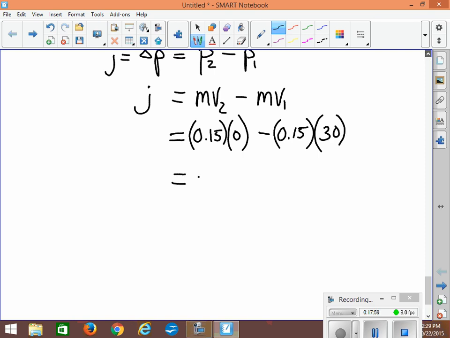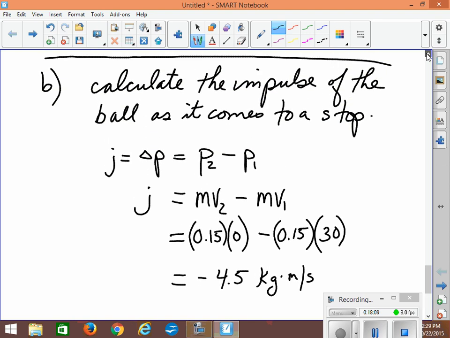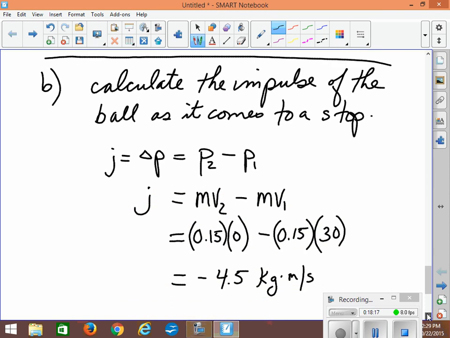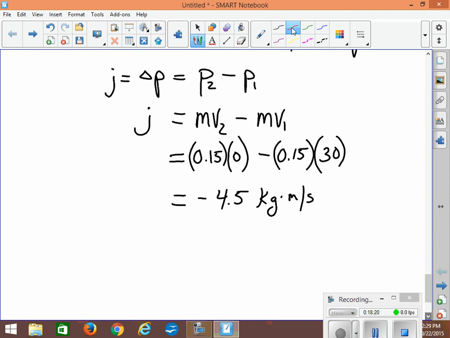Notice how we get a number that looks very familiar. And it's the same unit because it is a change of momentum. And we say, oh, isn't impulse the same then as momentum? Well, no, it's not. The number 4.5 represents the initial momentum. This number represents how much the momentum has changed. And this little negative sign is the difference, which means that momentum was lost by the ball. Now it happens that it's the same number because the final velocity turned out to be 0.